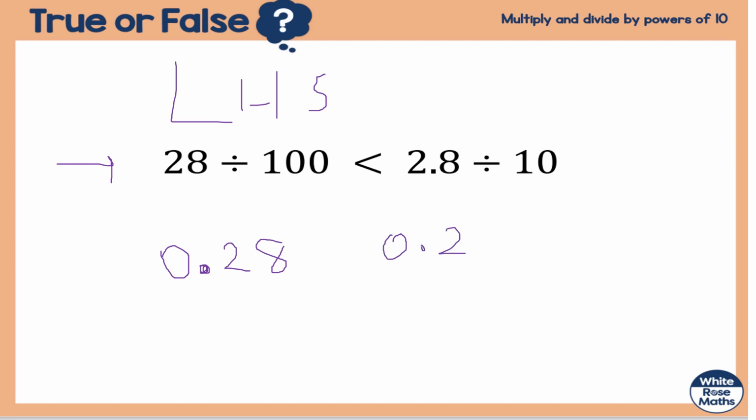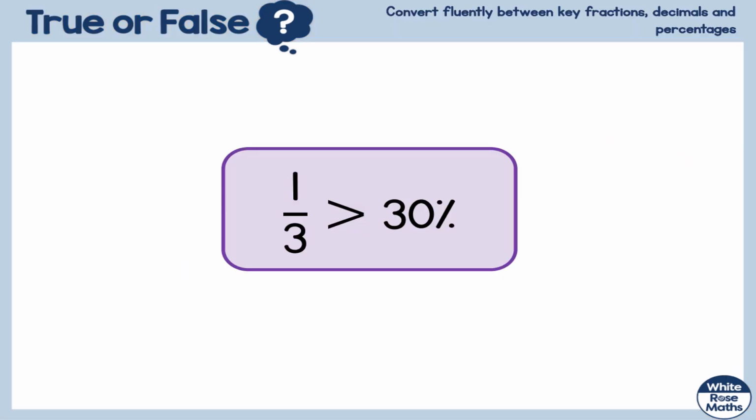Now, they're actually meant to be equal, not greater than. So again, this claim is false because 0.28 is not less than 0.28. 0.28 is equal to, i.e., the same as 0.28. So that statement is false.